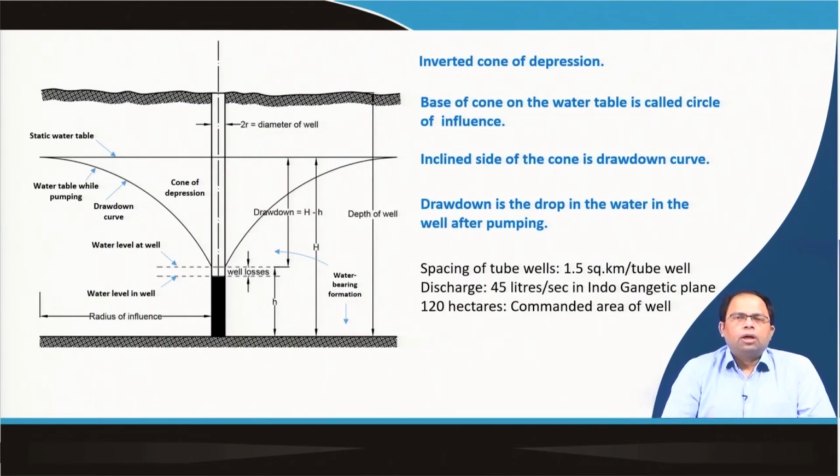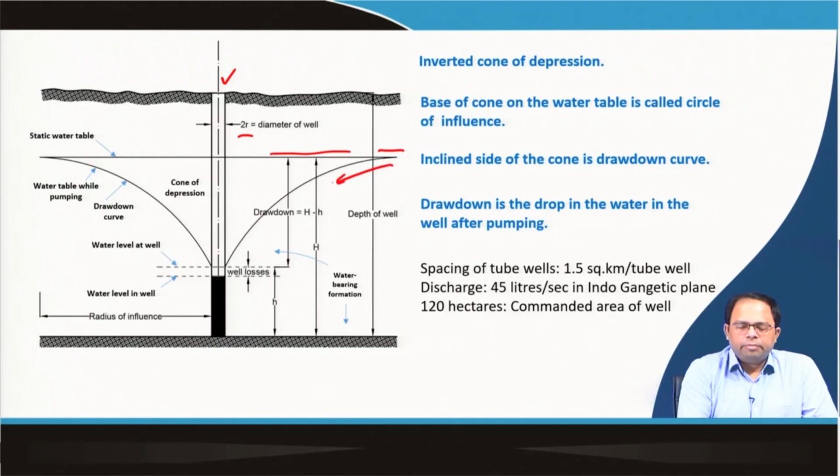Just to show it in a better figure, in this particular figure you can see the well that has been drawn, and the diameter of the well is 2r, and this is the static water table. This is the level where the water table is right now, and once you start drawing water, you see the water table gradually bending, and this is from where the water will start entering.